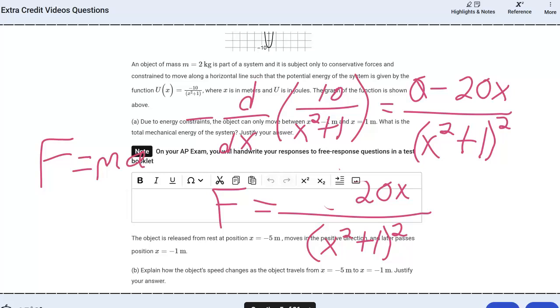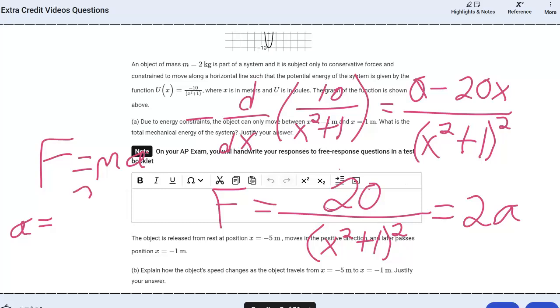And so then you can figure out, this equation equals 2, because it's given it's a mass of 2, equals 2a. So our a equals 20x over 2 times x squared plus 1 squared.